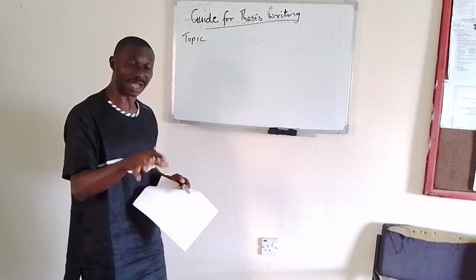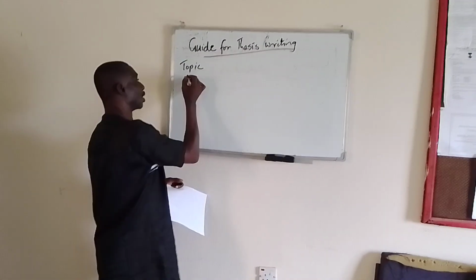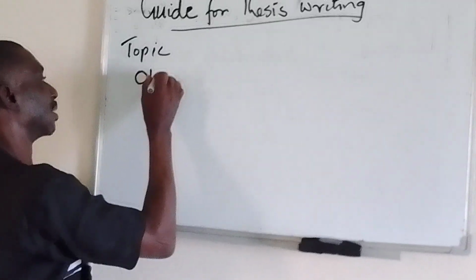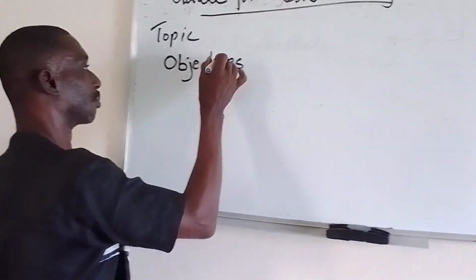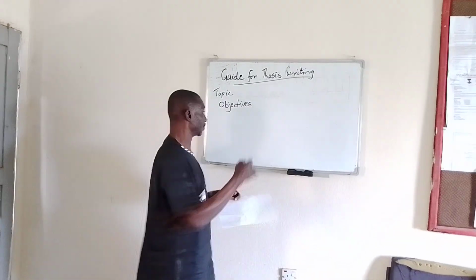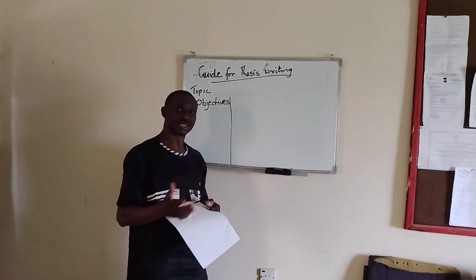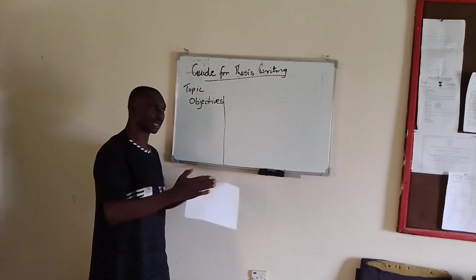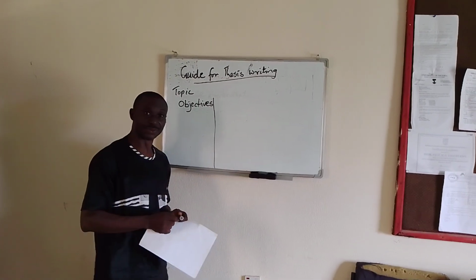And after deciding on the aim, then you set out your objectives. You have your objectives. Let's say objective is here. After having your objectives, the next thing is what do I do to arrive or to achieve these objectives?